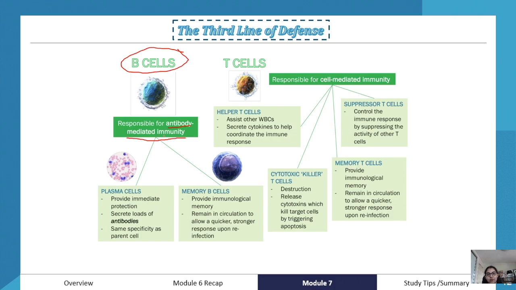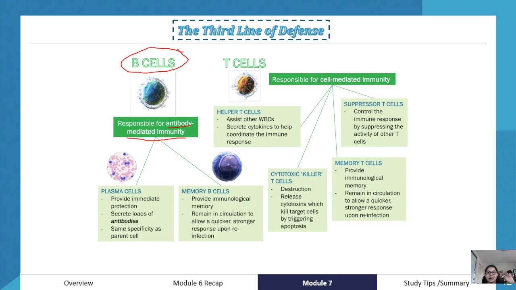So for those antigens that are not from your own body, your body, and specifically these plasma B cells, produce antibodies. And what those antibodies do is they go and bind to the antigen. And that is basically a way of flagging to the rest of the important cells, hey, I found this specific pathogen in the body.